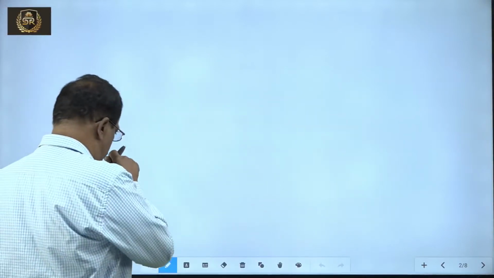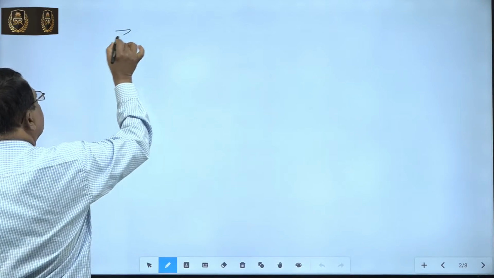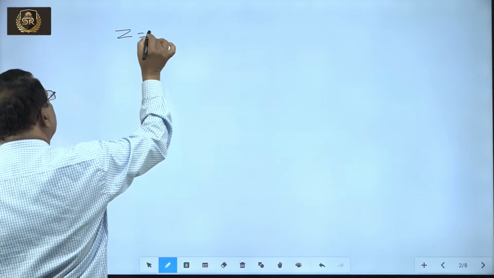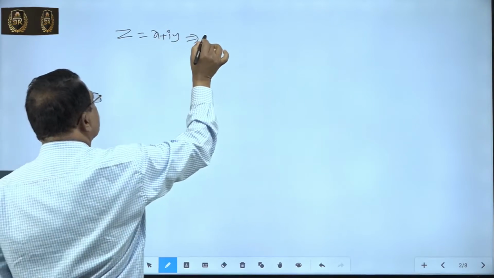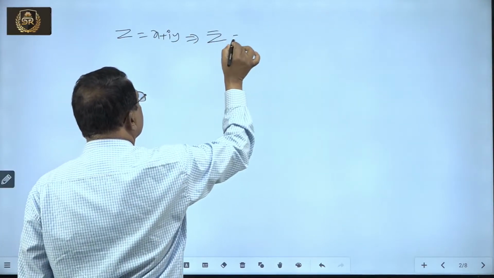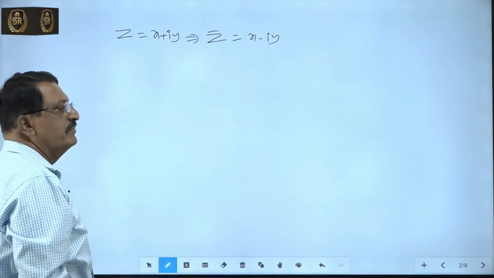Next, suppose z is a complex number, let z equals x plus iy, which implies its conjugate z bar equals x minus iy.